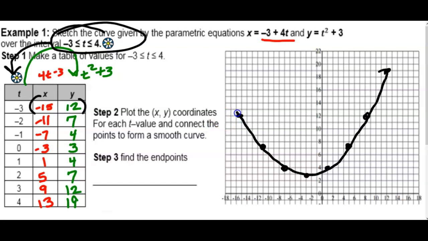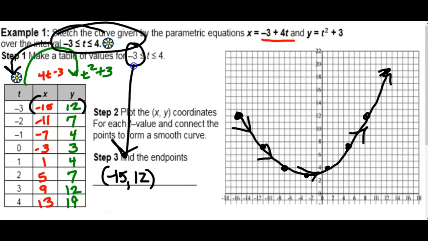So it did go this way if we want to indicate orientation. It started here, and that was the end point -15, 12, and that corresponded to the t value of -3. And then we ended up at 13, 19, and that corresponded to the t value of +4.